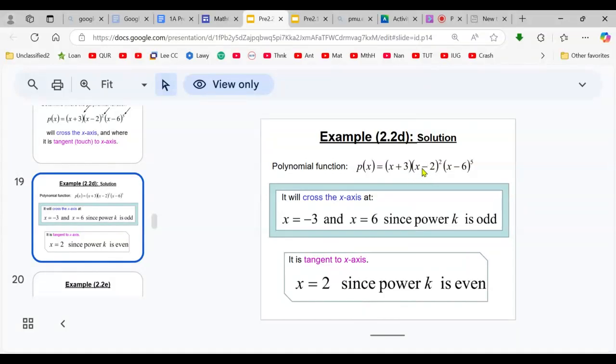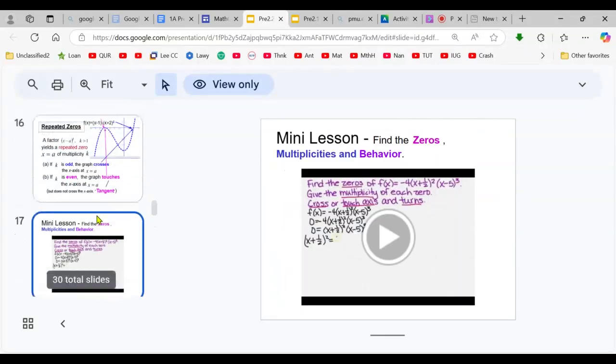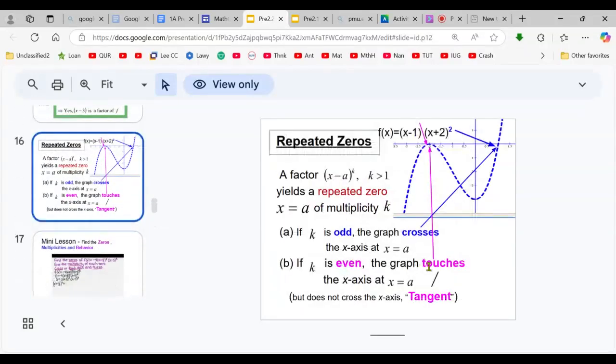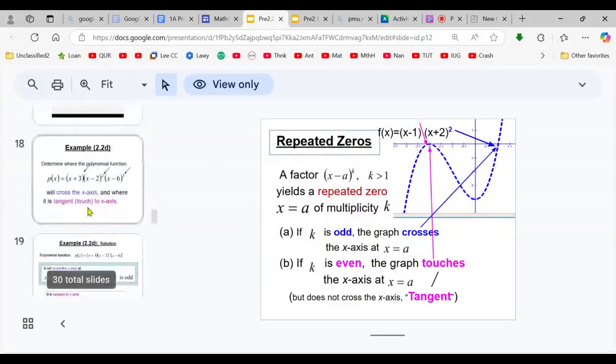Now, can you tell me how much x equals here? 2. Is it going to touch or cross? Look at the power 2. It's even, so touch. Let's go back to the formula. If it's even, touch.